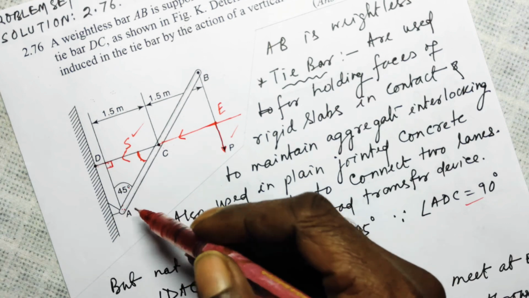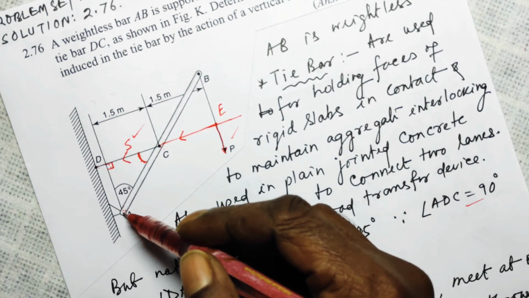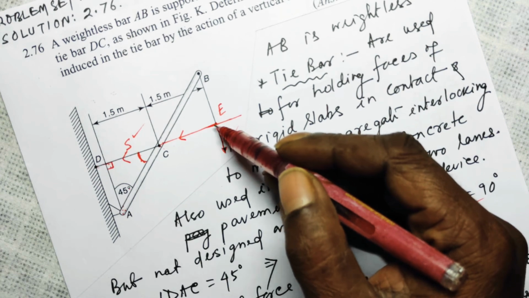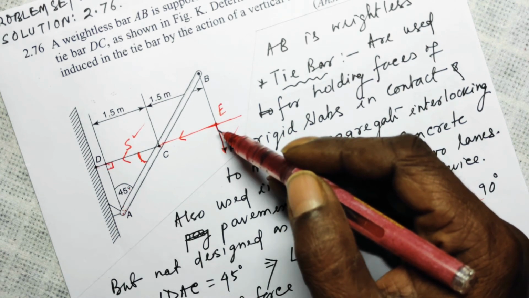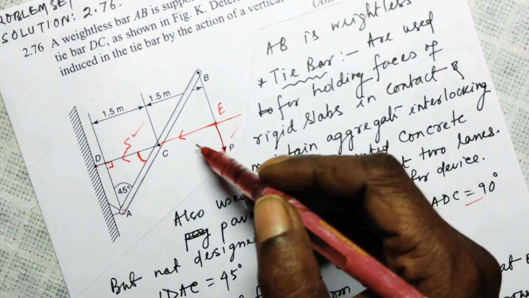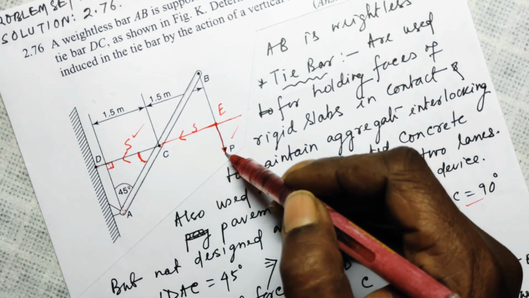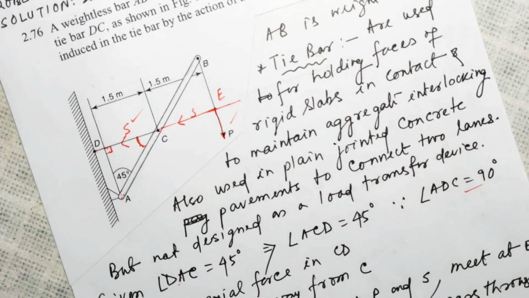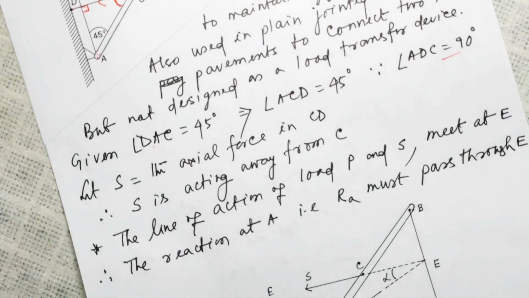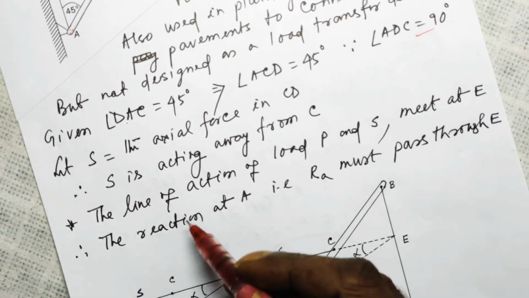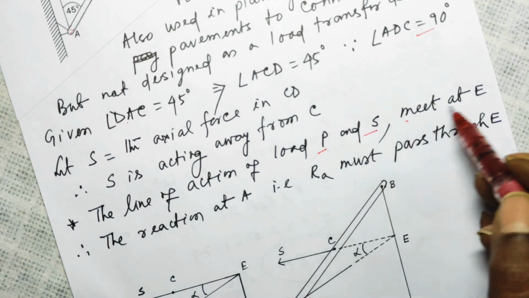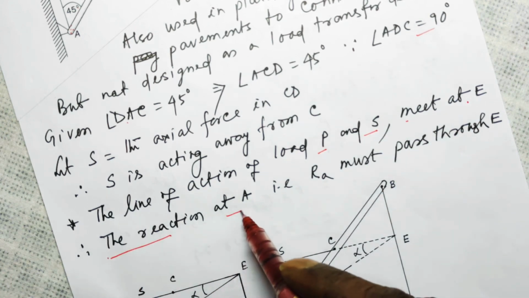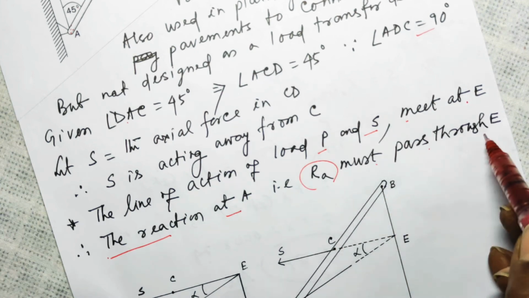So obviously, the reaction force developed at A must pass through the same point, and that will be in the direction opposite to the resultant of S and P. Then only the condition of equilibrium will be established. So the lines of action of the load P and S meet at point E. Therefore, the conclusion is that the reaction at A, that is RA, must pass through E.